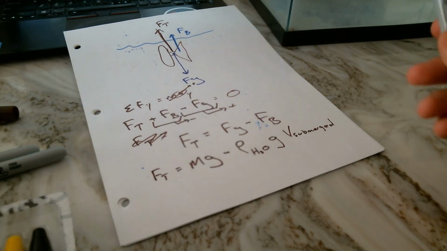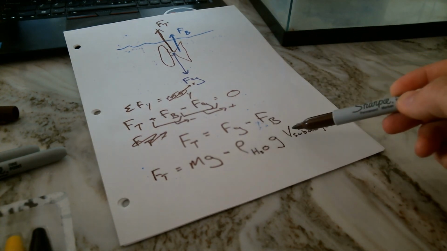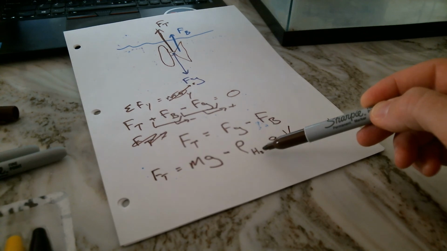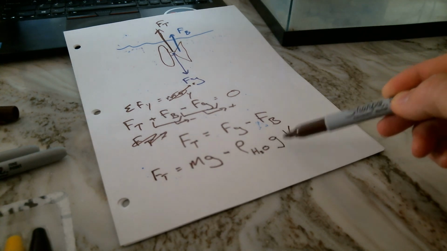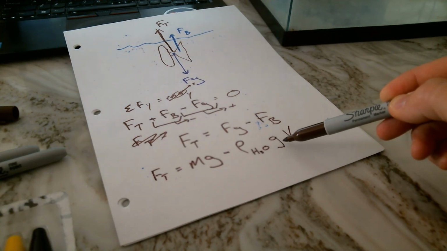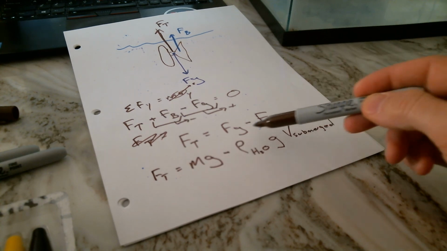Rho V is the mass of the H2O that was pushed out of the way by that piece of metal. G is what turns it into a force. So there's mg. All right. So this is the formula we want to know.